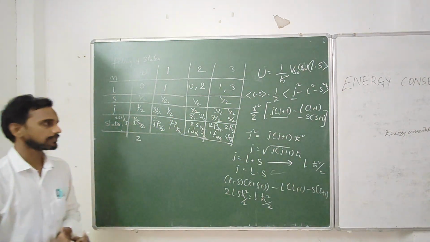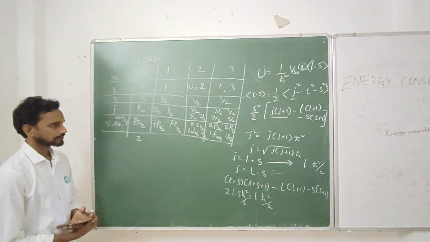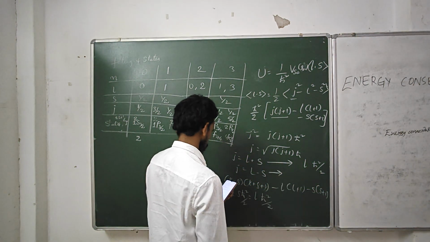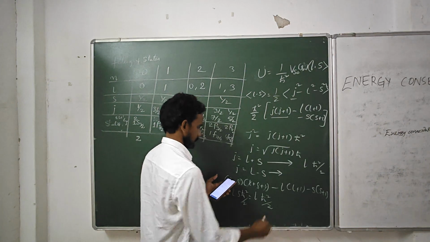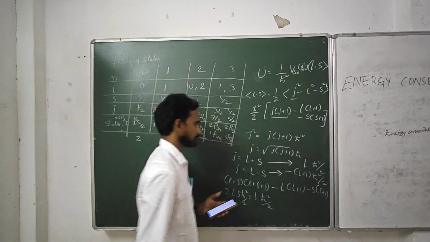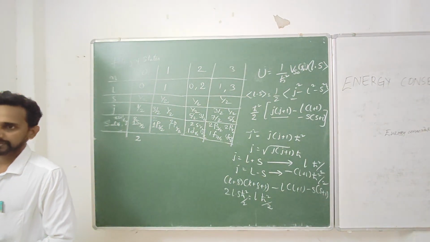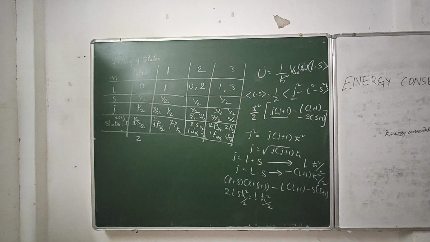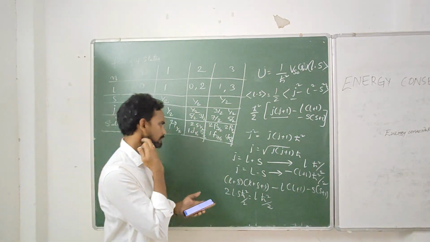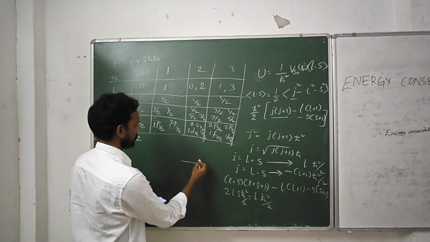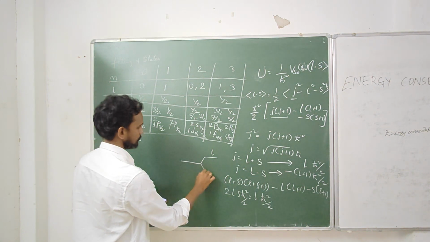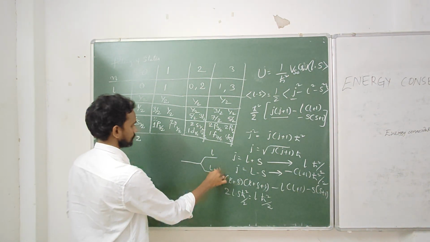And for j is equal to L minus S, since it is a negative number, you will be left with minus L plus 1. So they are the two possibilities. In total, the spin orbit interaction term will raise the base energy level by a factor of L, or reduce the base energy level by a factor of L plus 1.